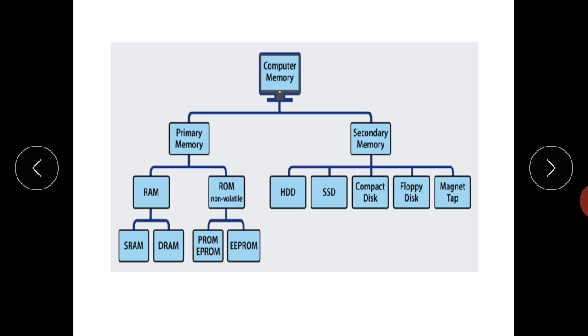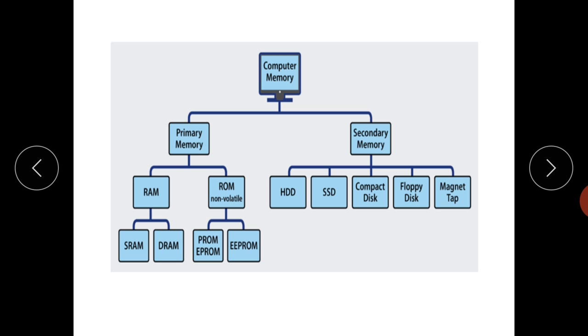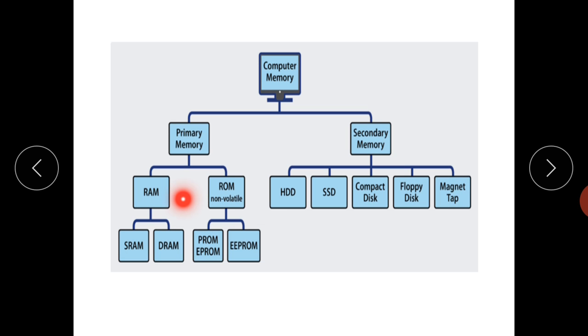We will have a chart here in which computer memory is divided into two parts: primary memory and secondary memory. By this chart, we may understand the categories of the memory very easily. Number 1, primary memory, has two categories: RAM and ROM.